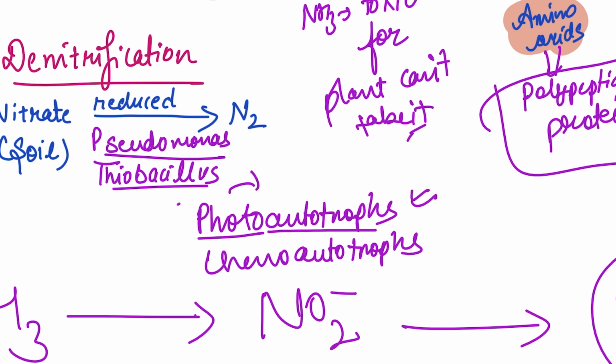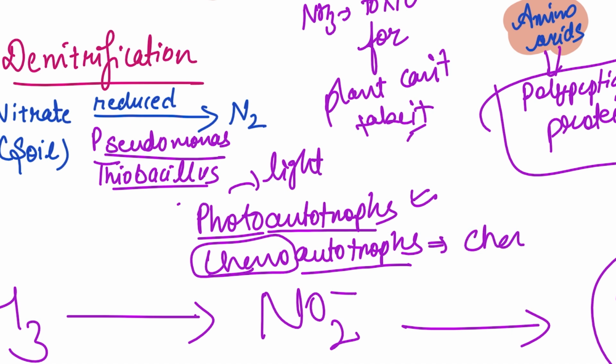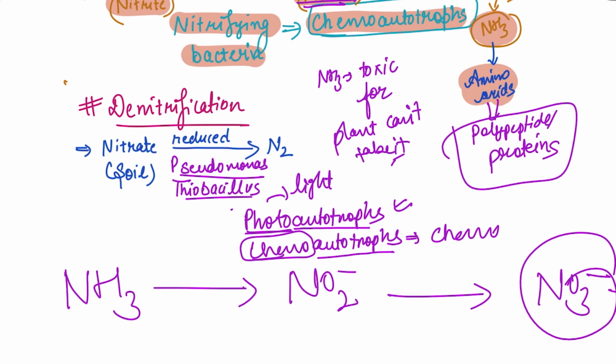Photo means light. But these bacteria are making food by using chemicals, that's why they are called chemo, because nitrogen is a chemical element, and light is photo. So this is the basic difference between photoautotrophs and chemoautotrophs. Okay.